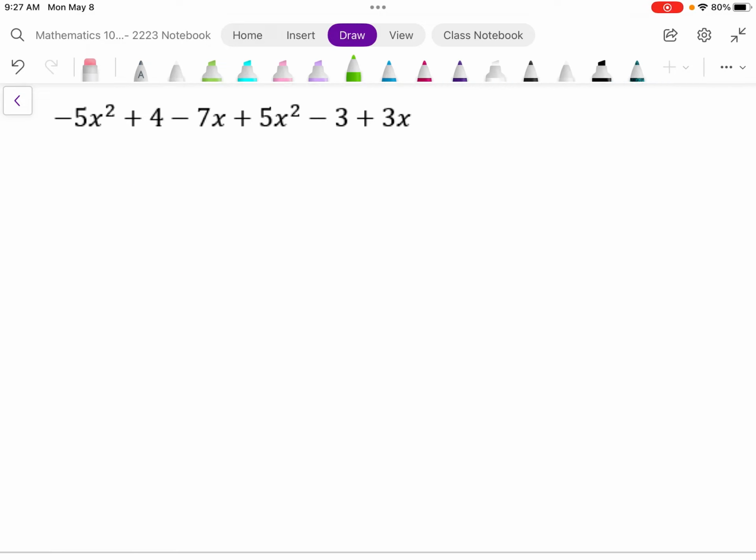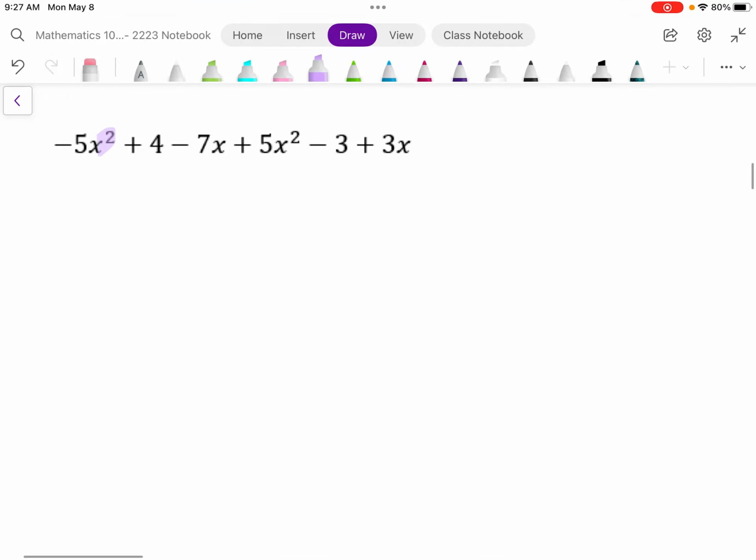This next group. I'm just going to highlight negative 5x squared. I'm going to look through the rest of my polynomial. Is there anything that is like this? Sure. And that's positive 5x squared. There's no other term that has an x raised to the exponent 2. 4 is the next logical choice.